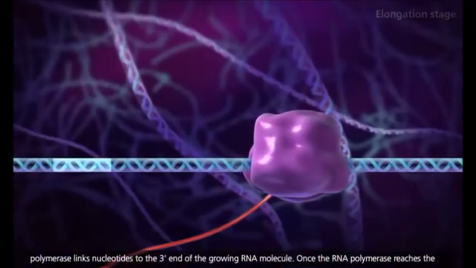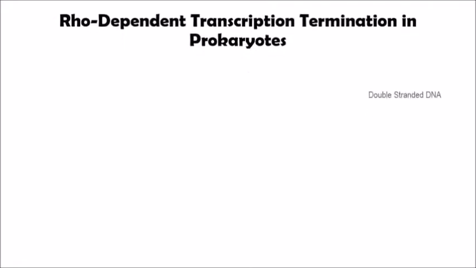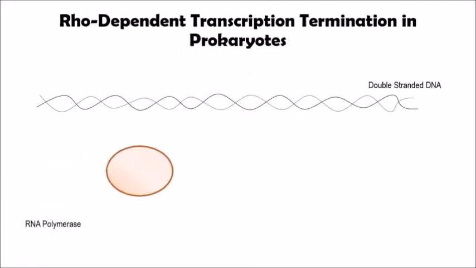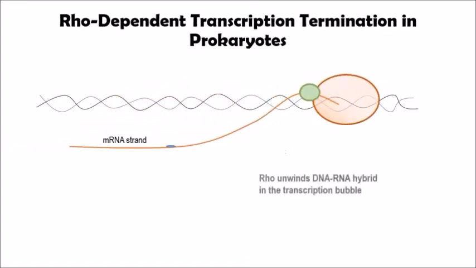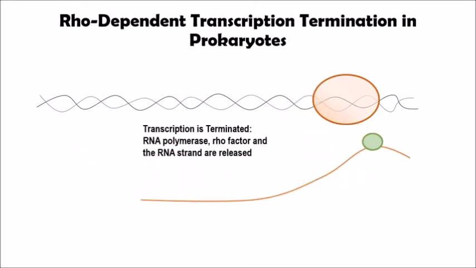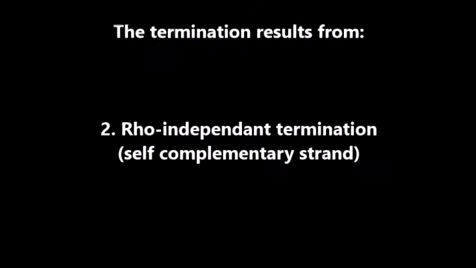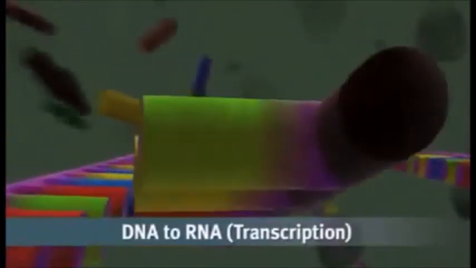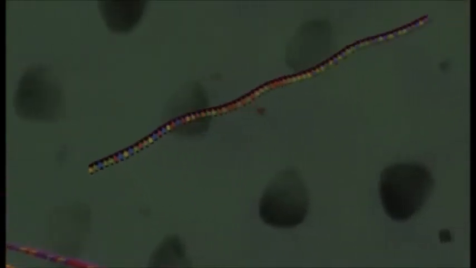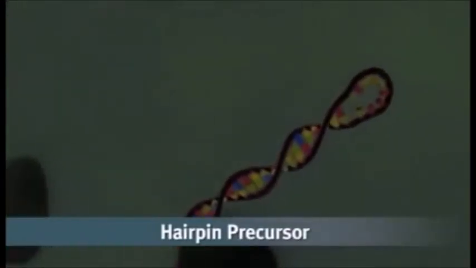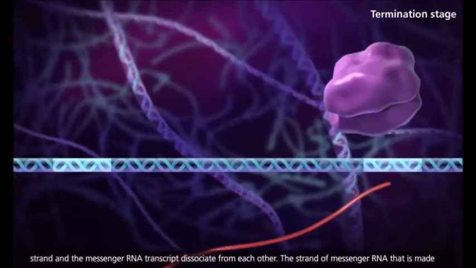Once the RNA polymerase reaches the terminator portion of the gene, the DNA strand and the messenger RNA transcript dissociate from each other.